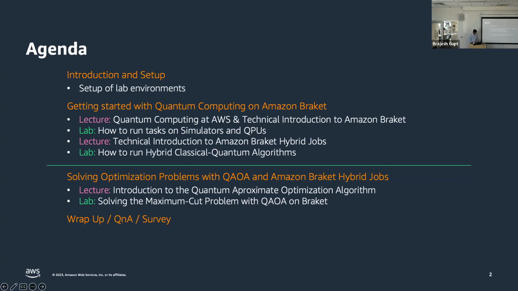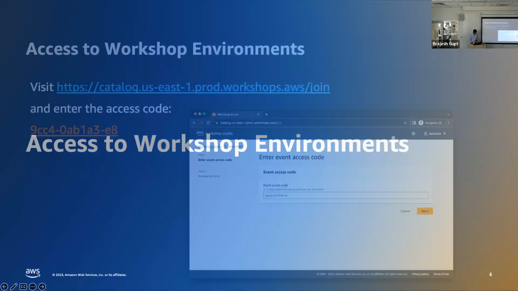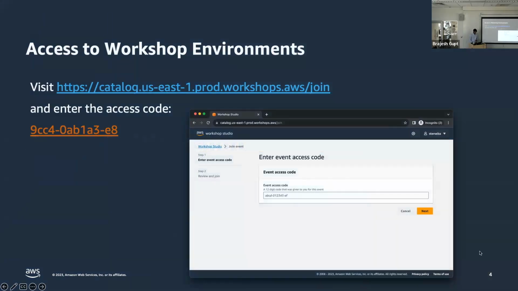So, all right. First things first, access to the workshop environments. So if you have the link with you, you can just click on that, or if you don't, the link is up here. You can type it in, and when you type it in, you'll need to enter the access code, right?